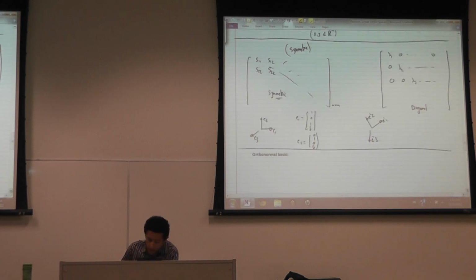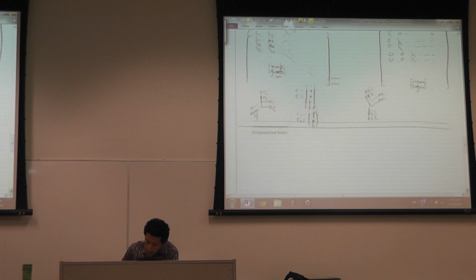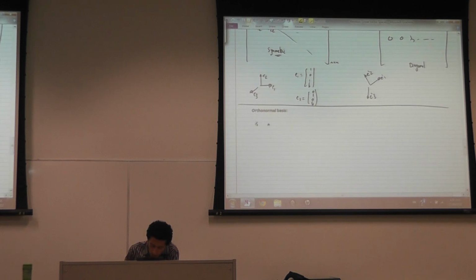So an orthonormal basis set is a basis set whose elements are both orthogonal to each other and have a norm of 1.